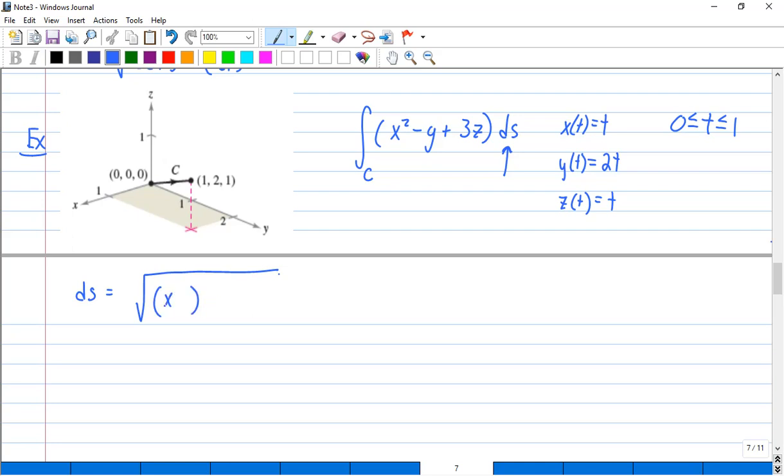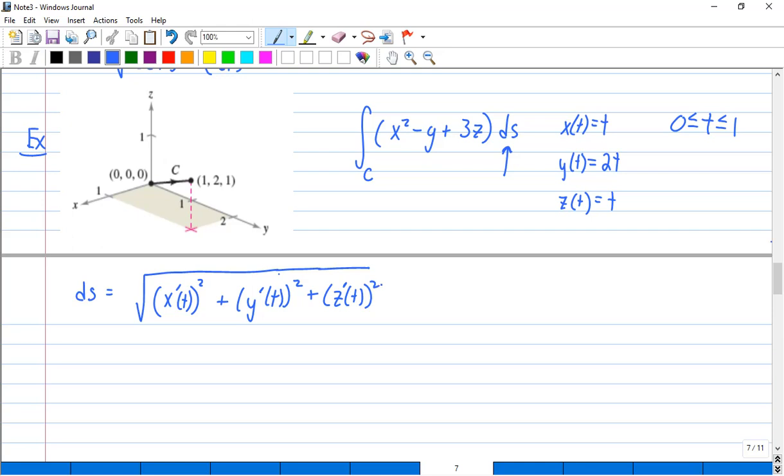I wrote it as dx dt last time, but how about x of t prime squared plus y of t prime squared plus z of t prime squared.